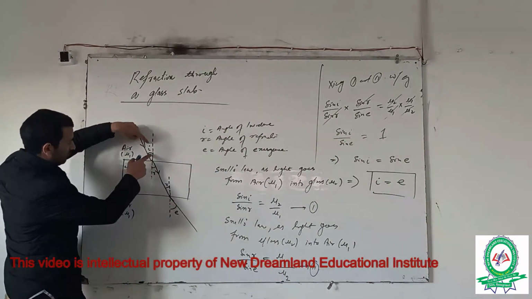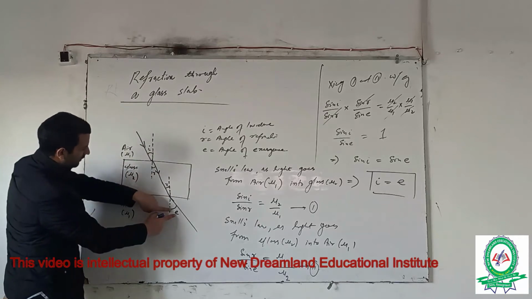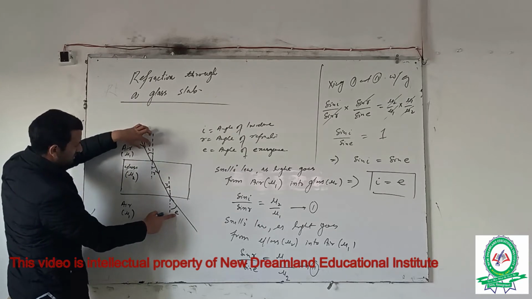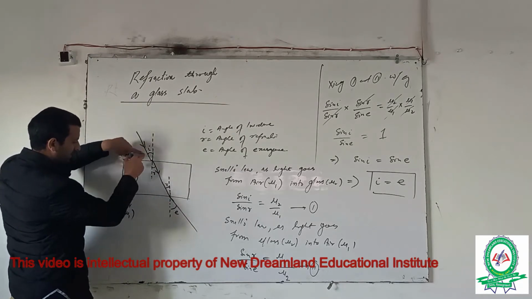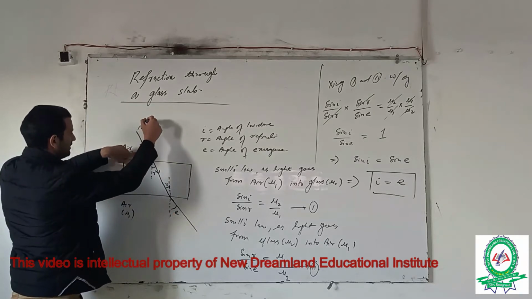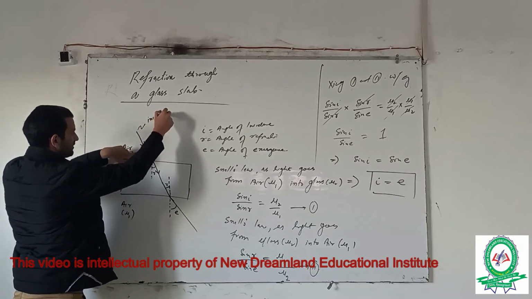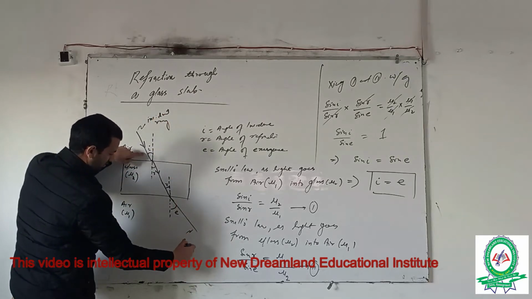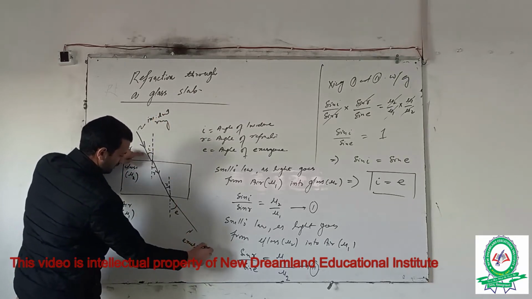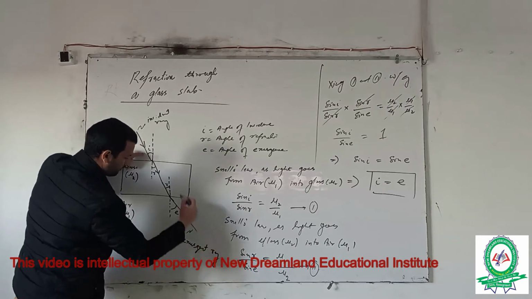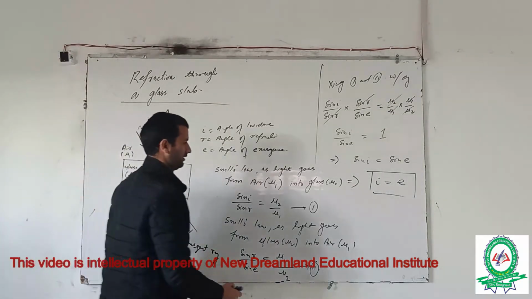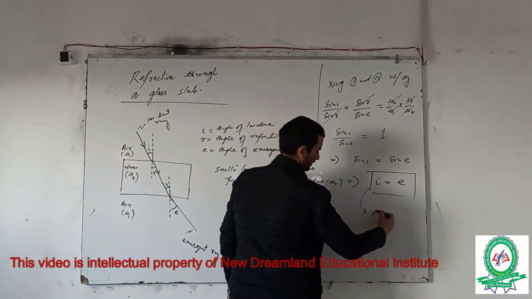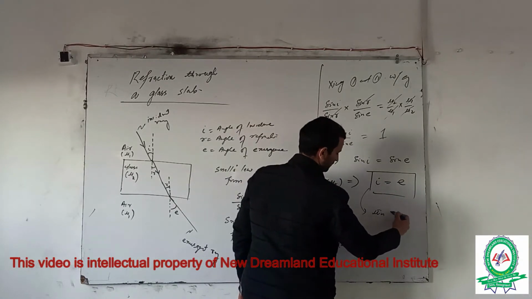Now if angle of incidence is equal to the angle of emergence, that means that incident ray and emergent ray, this is incident ray, and this is emergent ray, they are parallel to each other.